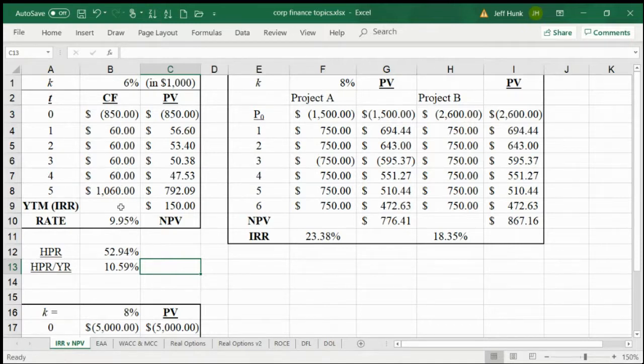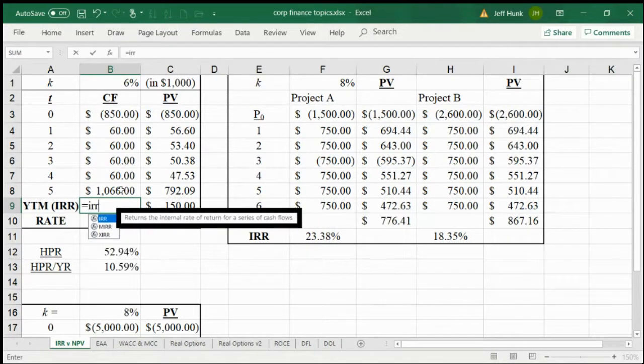Now, normally when the projected cash flows are presented in a column like this, the best thing you can do is use the internal rate of return command, which is basically IRR. After the equal sign, you can type IRR and it's going to pop up like this.